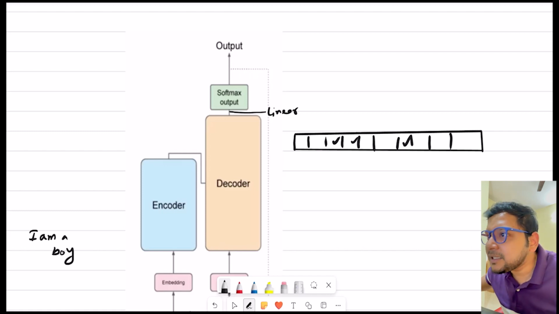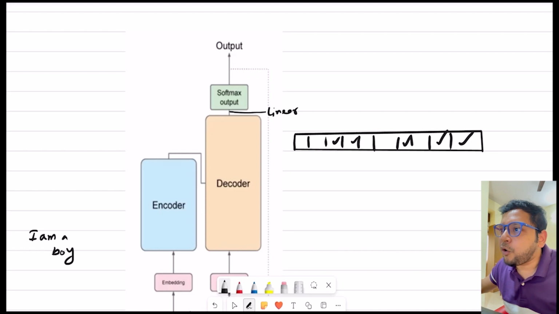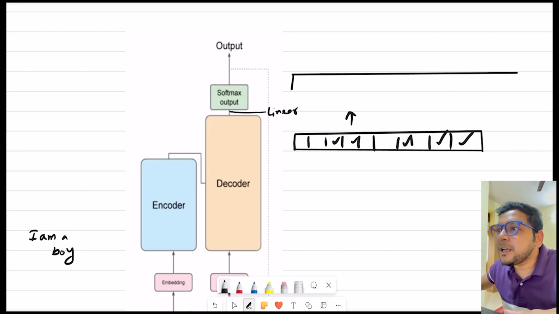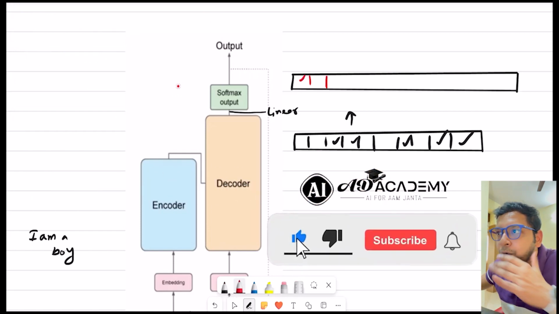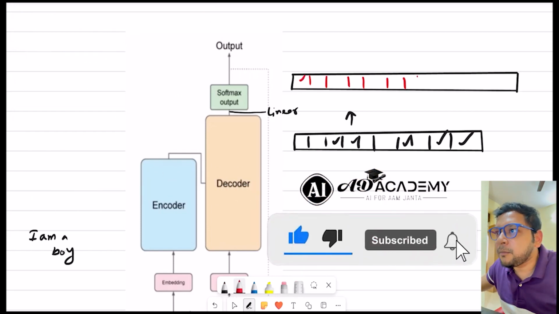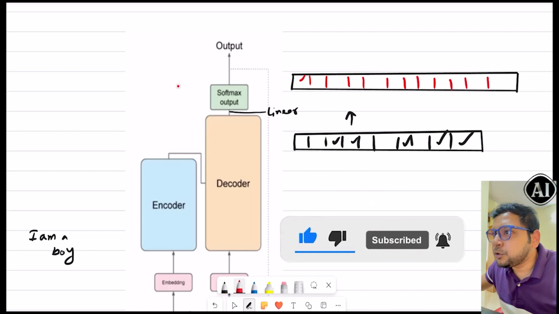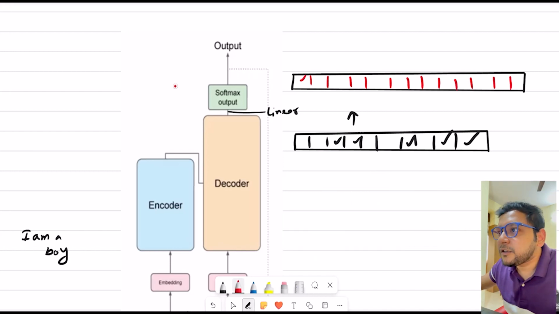So corresponding French words will be here, as I am mentioning by tick marks, and all other places will have zero values, and this will go to the softmax. And what softmax will do, softmax will give you a conditional probability where for each of the words there are some probability values. Probability values always range from 0 to 1.